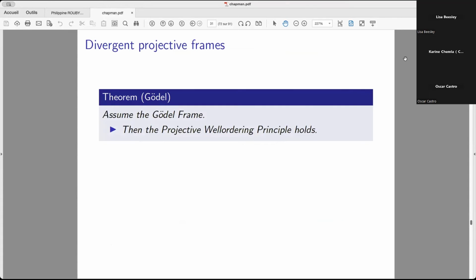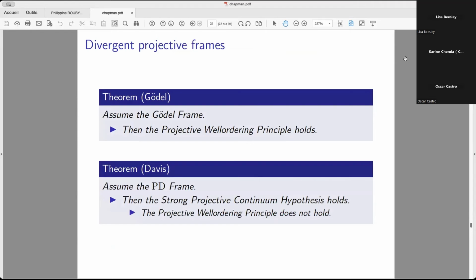So now it turns out we have divergent projective frames. In the Gödel frame, the projective well-ordering principle holds. That's why the projective axiom of choice holds in the Gödel frame. In the PD frame, the strong projective continuum hypothesis holds. That's why the projective continuum hypothesis holds in the PD frame.